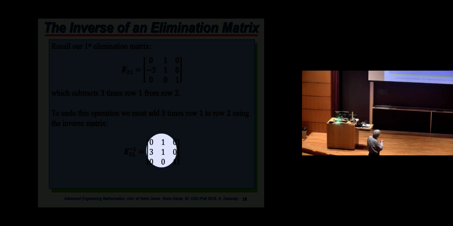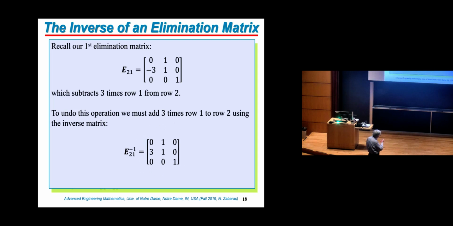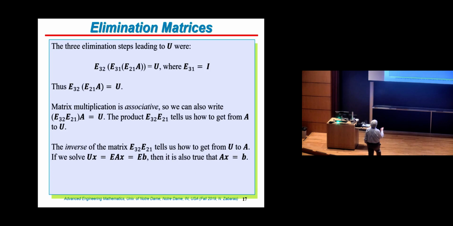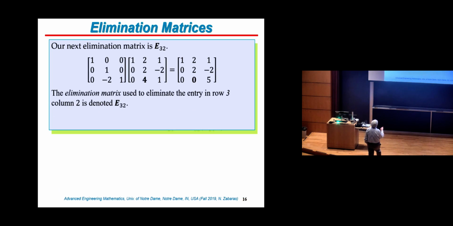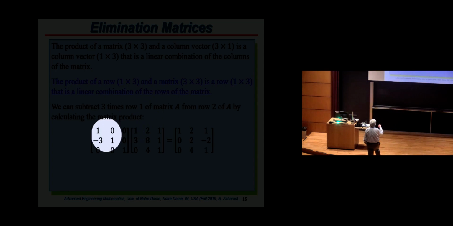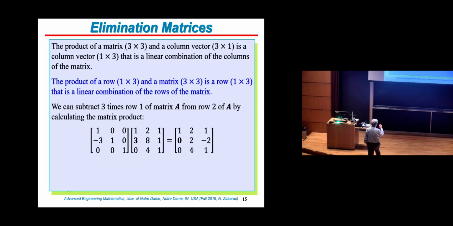I hope I have not made a typo here. Let me just go backwards. Okay, so I'm looking here: 1, 0, 0, we did not touch row 1, we did not touch row 3, -3, 1, 0.